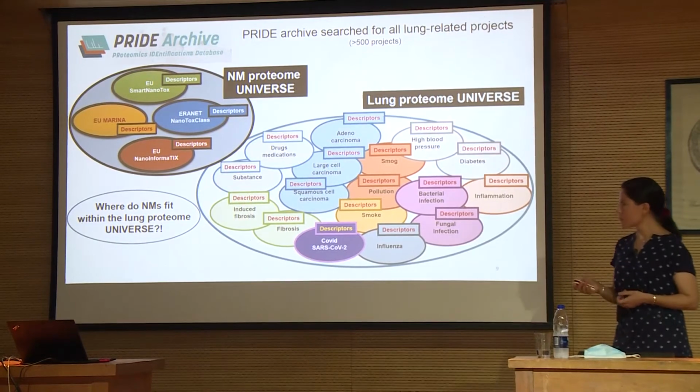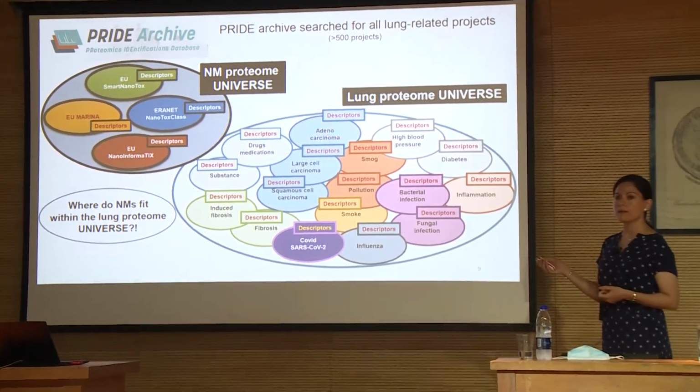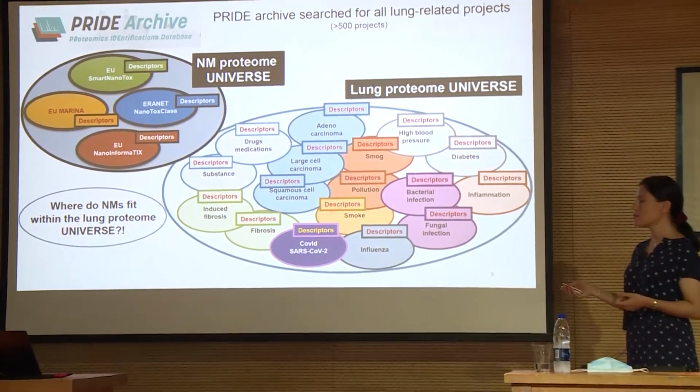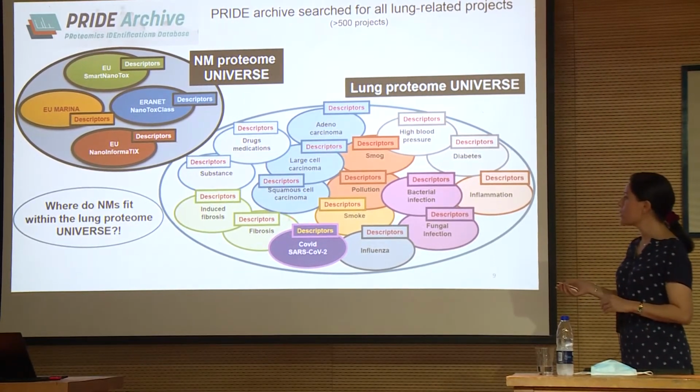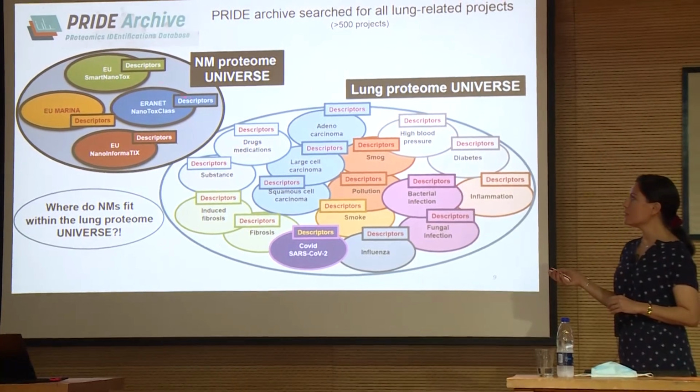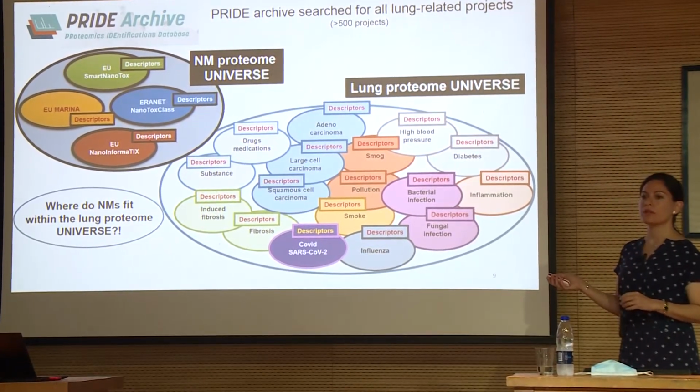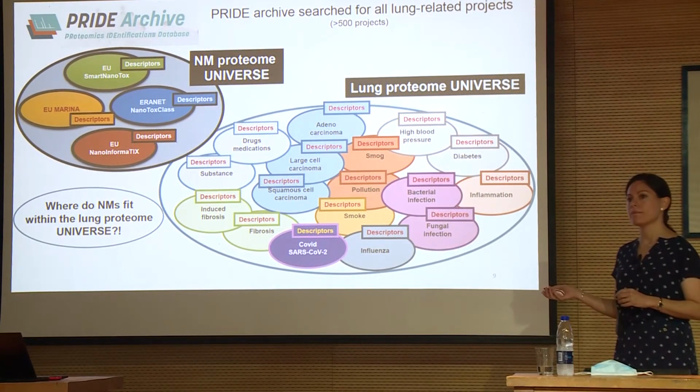Here, these descriptors from the lung, what I get here can be the protein ID, GO terms, KEGG pathways, and so on. I want to see how the ones coming from nanomaterial projects fit to there.